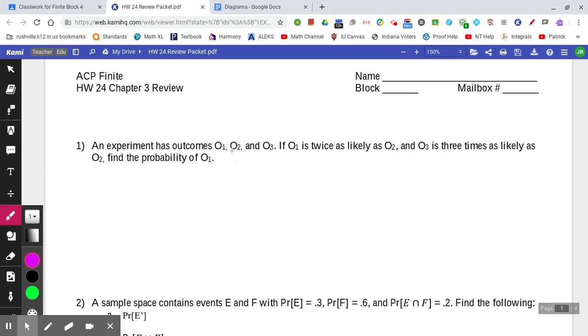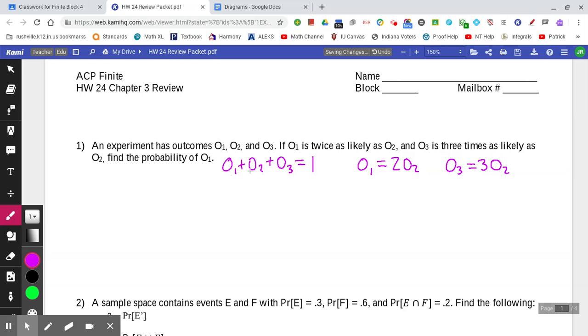So if we have these 3 possible outcomes, O1, O2, and O3, then the sum of those probabilities needs to sum to 1. And then it also says that O1 is twice as likely as O2, and O3 is 3 times as likely as O2.